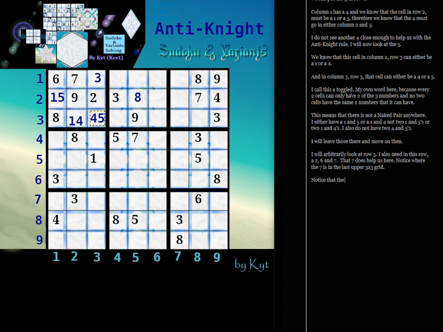Notice that the anti-knight rule means that a 7 cannot go here. Notice that a 7 cannot go in the last 3x3 grid either, or we would be duplicating 7s.